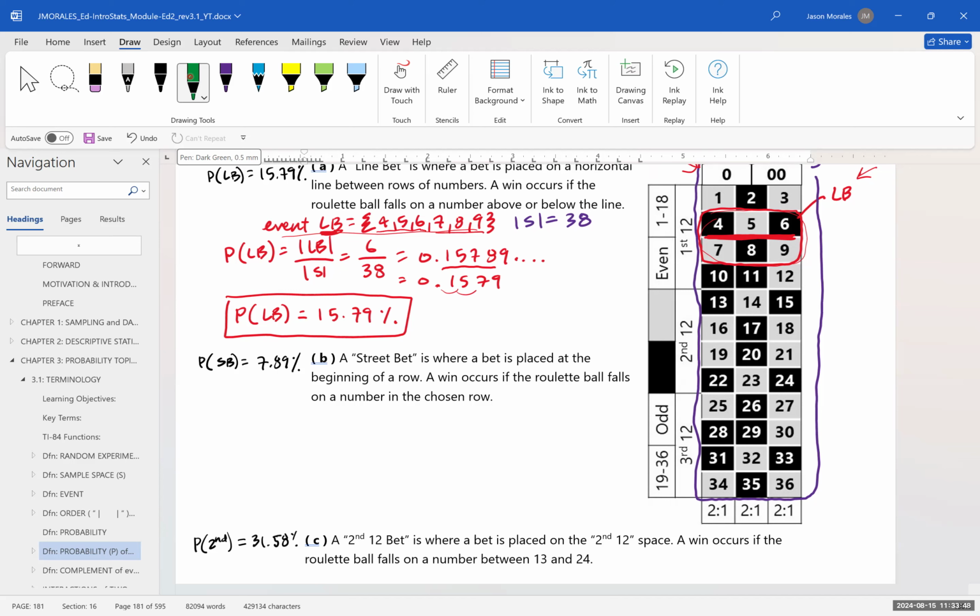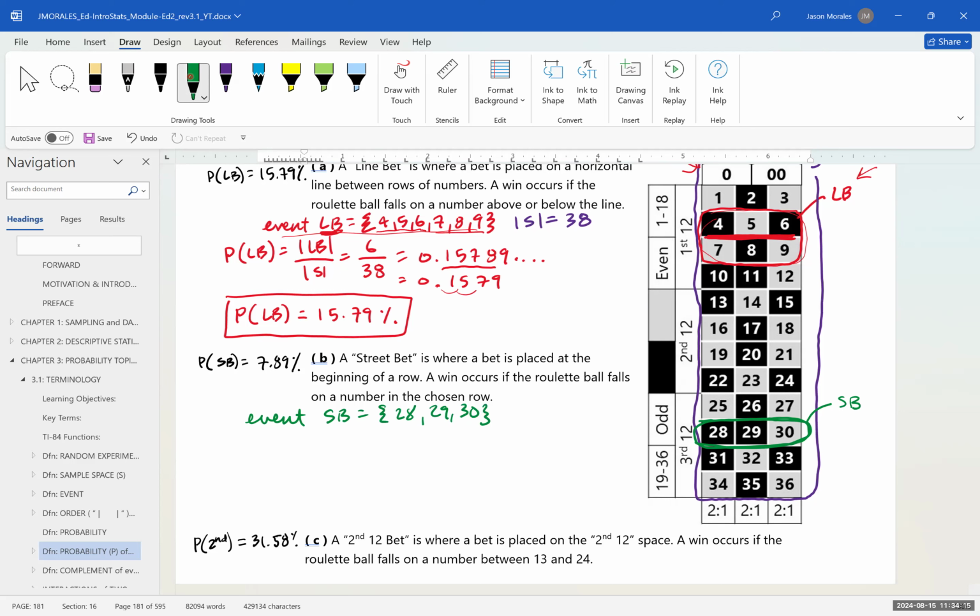So let's say I made a street bet on this row here. That is my event, street bet. So event, street bet is going to be 28, 29, and 30.